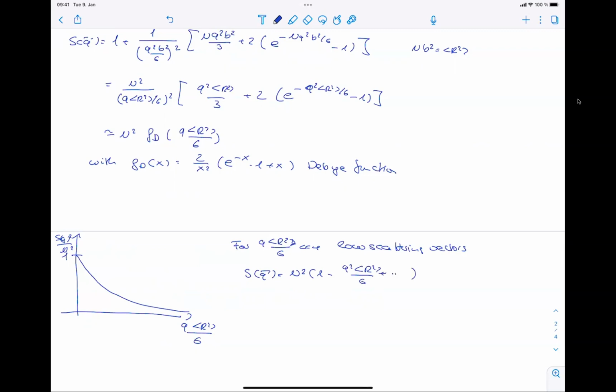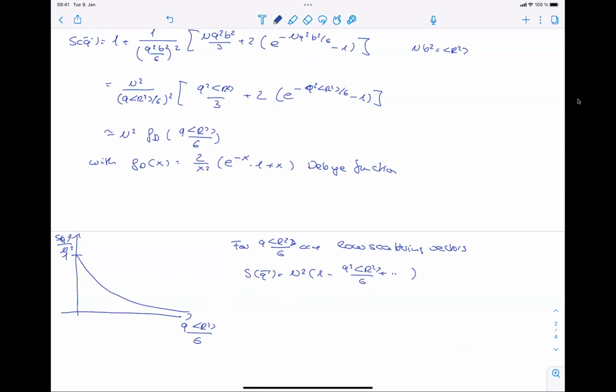So we basically get a scattering function that's really only proportional to the individual scatterers, each having an impact of 1 minus q squared.